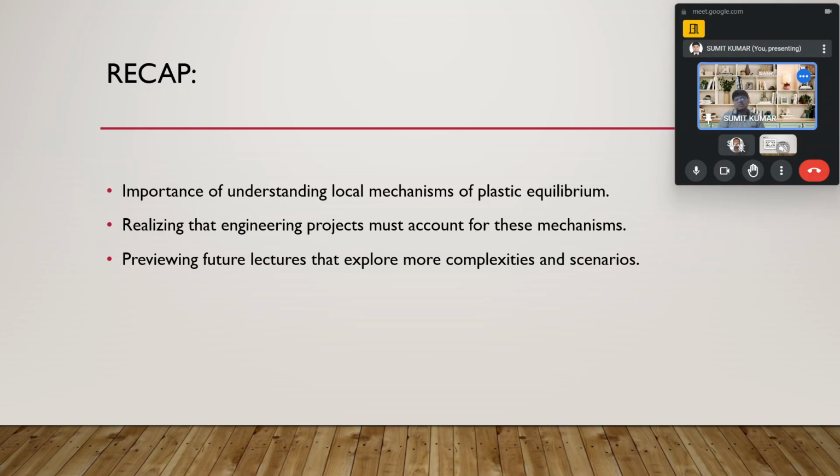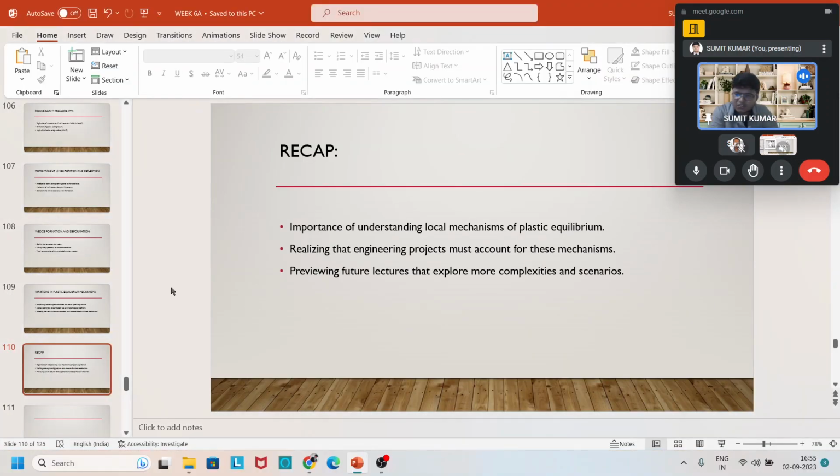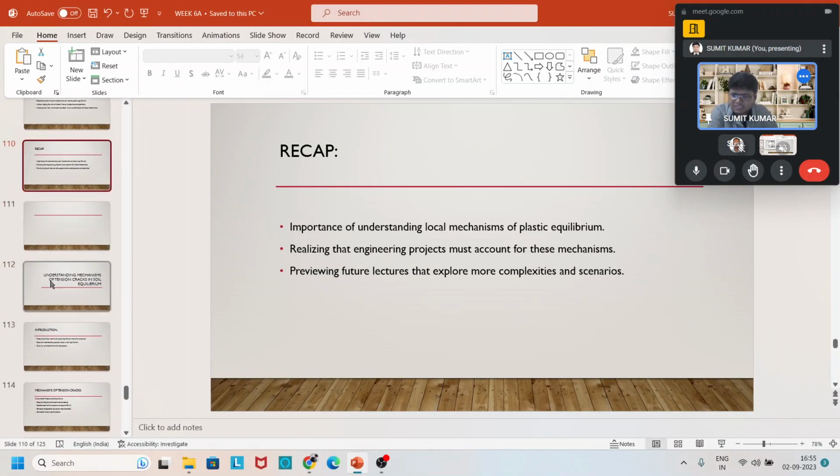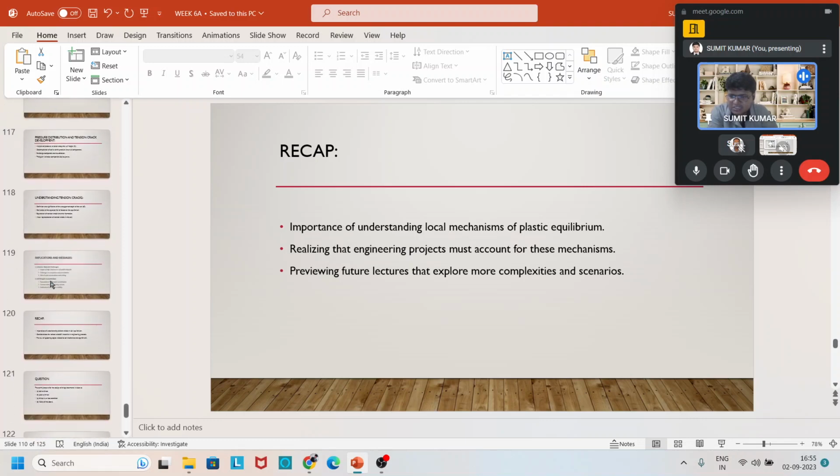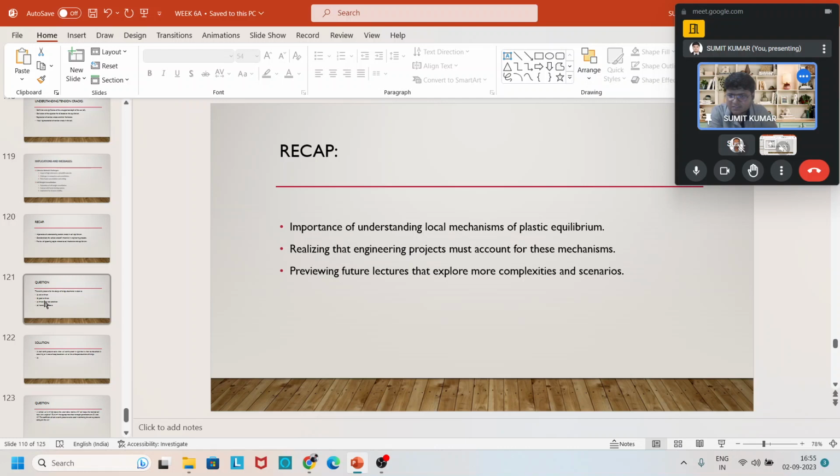In this recap, the importance of understanding the local mechanism and plastic equilibrium, and the realization that engineering projects must account for these mechanisms. Looking to the future lectures, we will explore more complex scenarios and problems. With this, I will close the theory session for today, but I will take some questions. Afterward, we will end today's session.